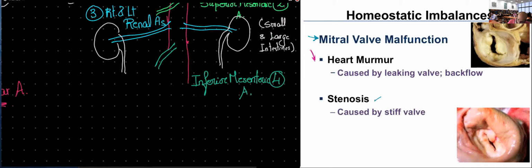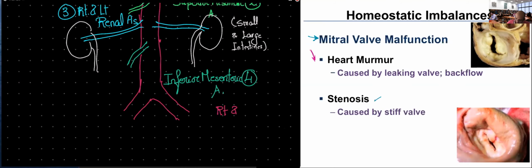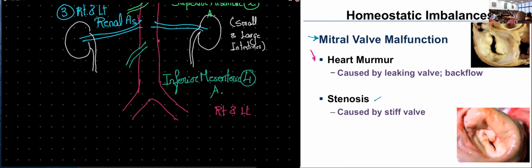Those are the branches coming from the abdominal aorta before it splits into two terminal branches. Those are my right and left common iliac arteries.